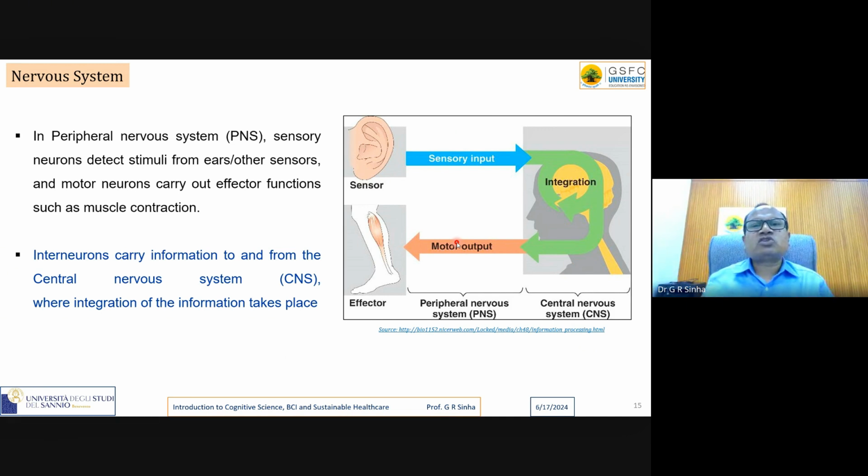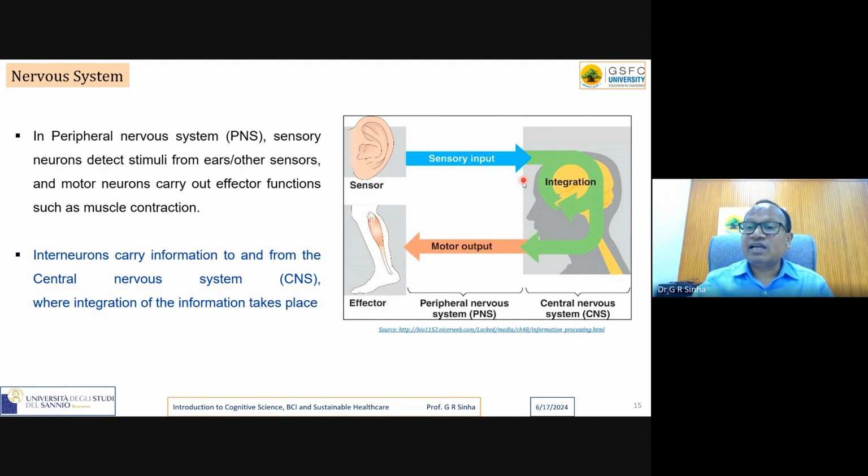When your brain tells you not to move ahead, you will not move your step. If your brain doesn't allow you to speak, you will not move your tongue and lips. If your brain doesn't allow you to watch, you'll just close your eyes. So this motor output is produced by the brain.